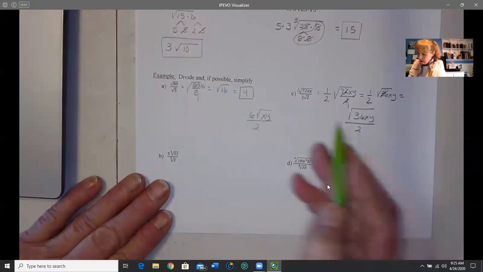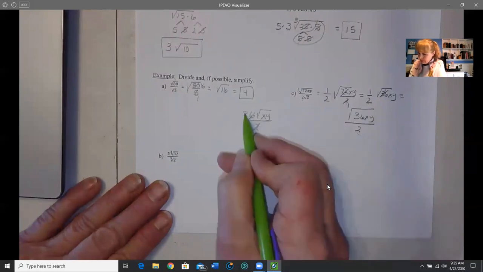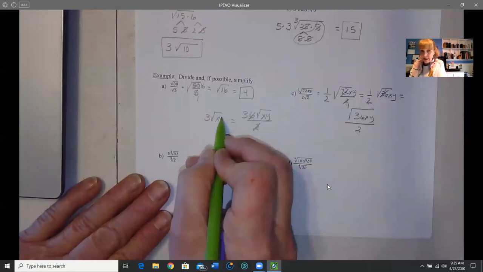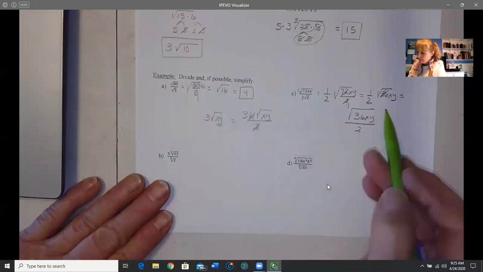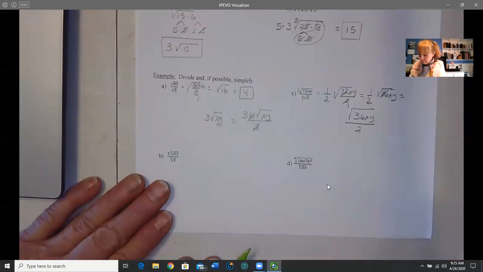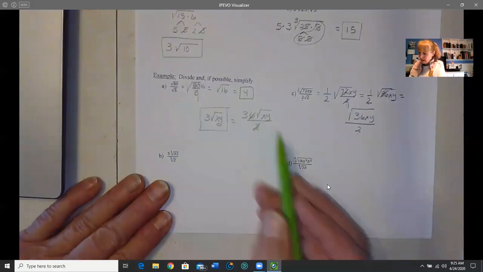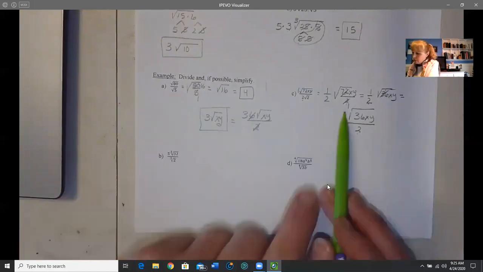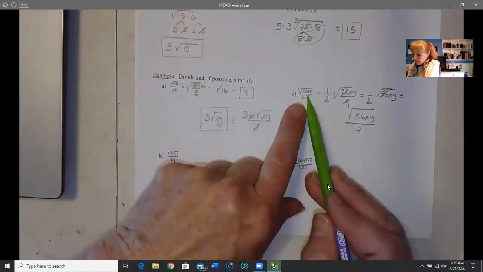And so you end up with 3 square roots of xy. Now the xy had to stay inside because there was only 1 of each. So again, go ahead and reduce inside the radicals.